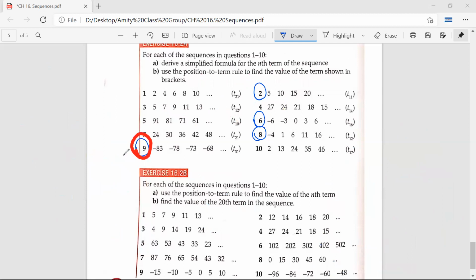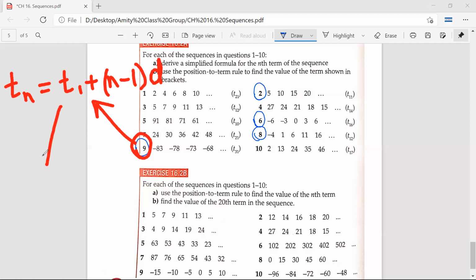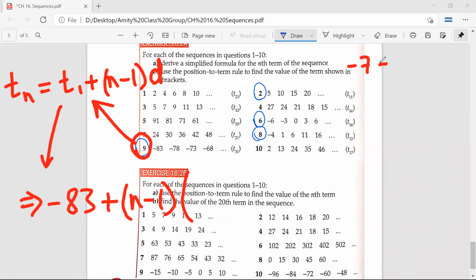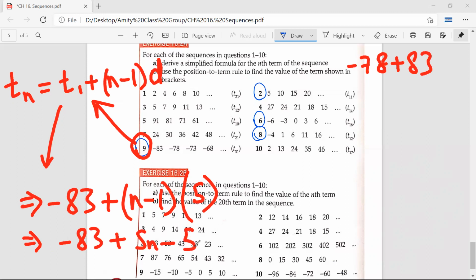Okay. Soumya ji, question number 9. How will I find my Tn? So minus 83 plus bracket n minus 1 bracket close 5, which is equal to minus 83 plus 5n minus 5.